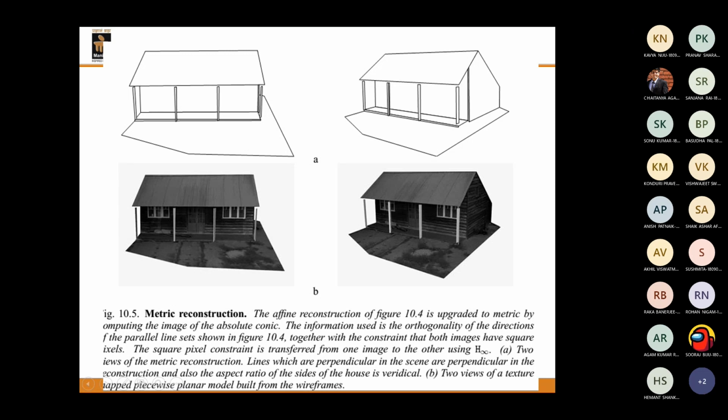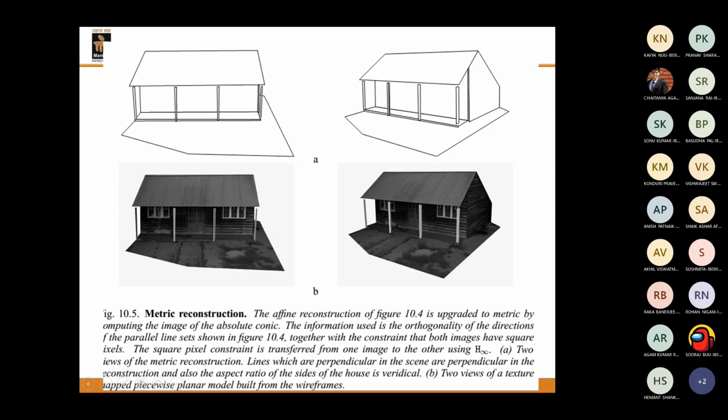Then we map that to (0, 0, 0, 1), the true plane at infinity, in order to find the transformation matrix H, which maps between the projective space and the affine space for that reconstructed scene.